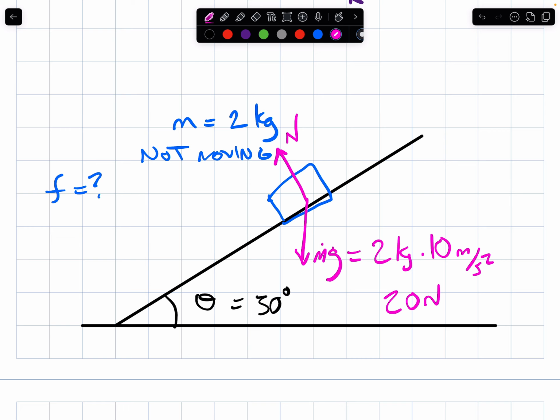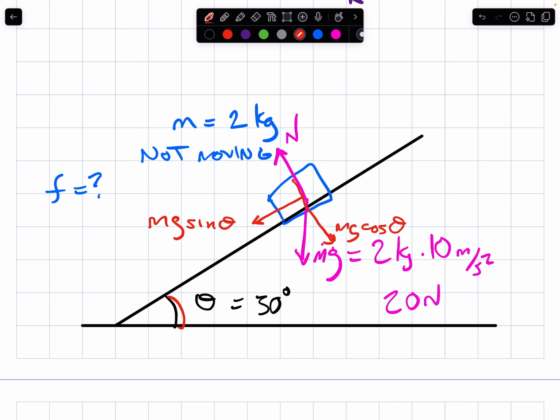In other words, you can look at gravity here as having components. Part of gravity wants to make this thing slip down the hill. So there's a component of gravity acting parallel to the ramp, and we've talked about this. That component depends on the angle theta right here, and it is equal to mg sine theta. And there's a component of gravity acting perpendicular to the ramp, pushing the box into the ramp, and that component is mg cosine of theta.